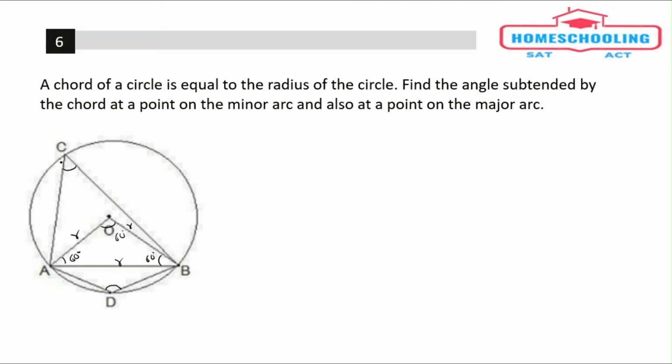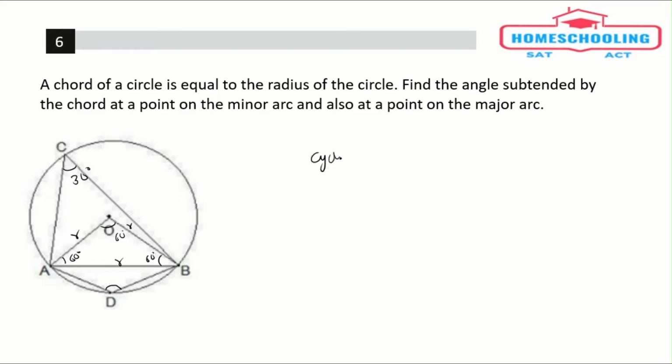As we have read in the properties of circles, the inscribed angle is half of the central angle. The central angle is 60 degrees, so half of it would be 30 degrees. Now this is a cyclic quadrilateral, and in a cyclic quadrilateral the sum of opposite angles is 180 degrees.